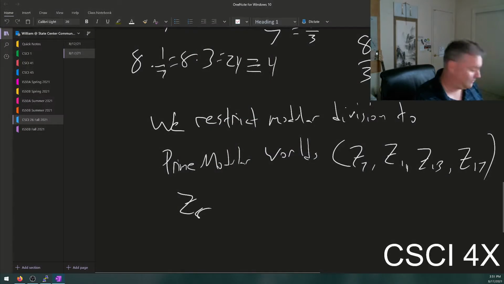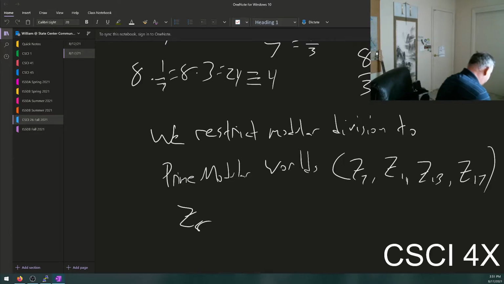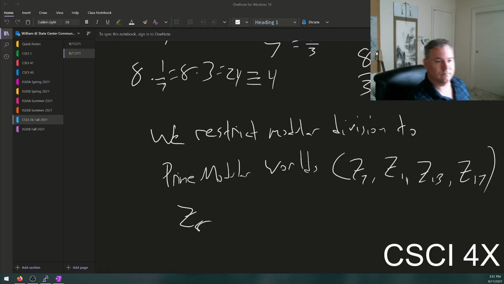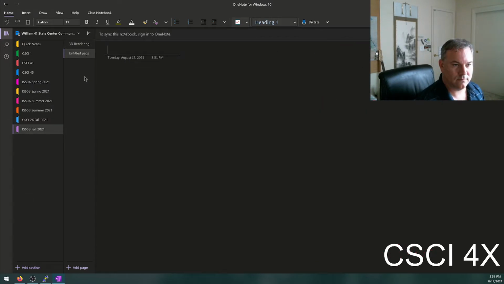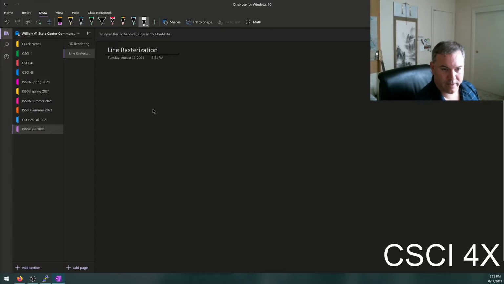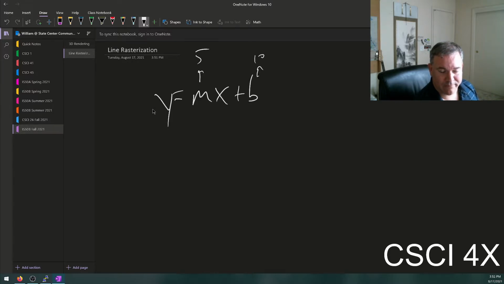Okay, time to go into OneNote. So if we have y equals mx plus b, let's say the user's typed in 5 for m and 10 for b.